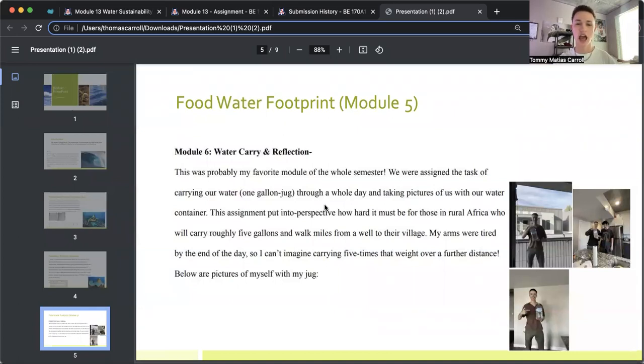Module 6 had us doing a water carry and reflection. This was probably my favorite module the whole semester. We were assigned the task of carrying our water in a 1-gallon jug. And throughout the whole day, we were taking pictures of ourselves with that water container as we were drinking it, and it was depleting.